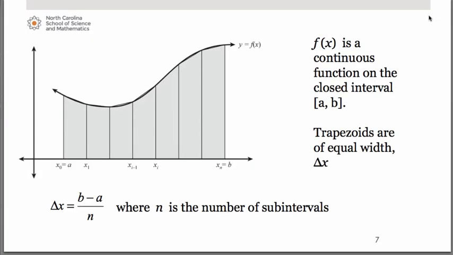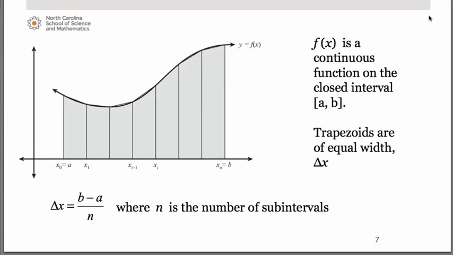We have a continuous function f of x on a closed interval from a to b. Now if you turn your head sideways to the left, you will see that we do indeed have inscribed trapezoids beneath this curve. The number of trapezoids is what you will often see referred to as the number of subintervals, just as we saw with the rectangular approximations.